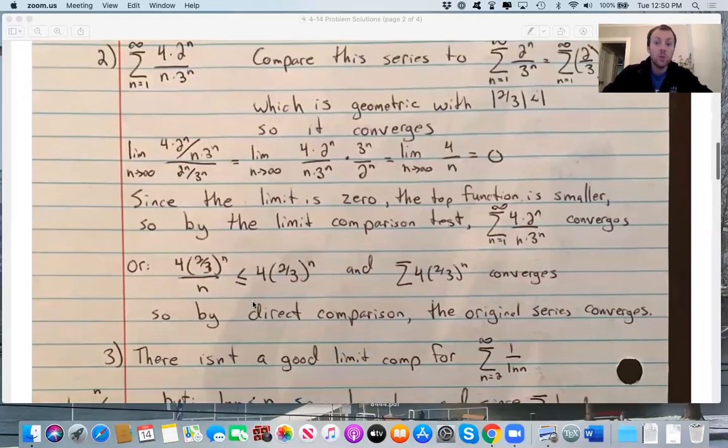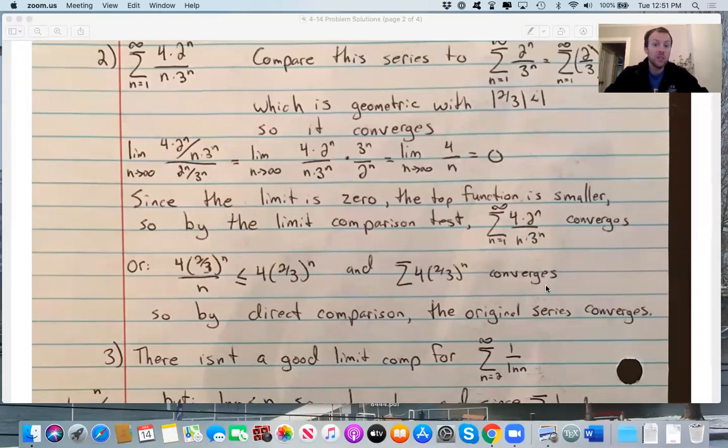You can also do a direct comparison. So you can say dividing by n just makes things more complicated, and dividing by n makes you smaller. So if we weren't dividing by n, that is a bigger series, and we can already tell this is geometric, this series converges.